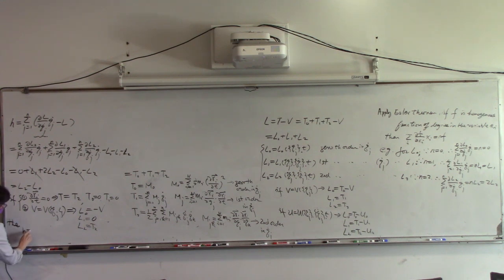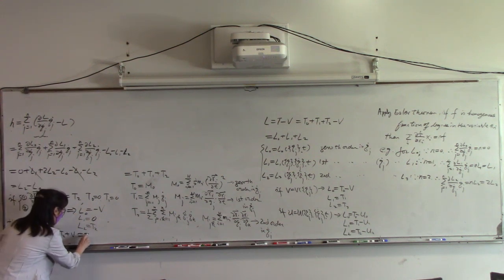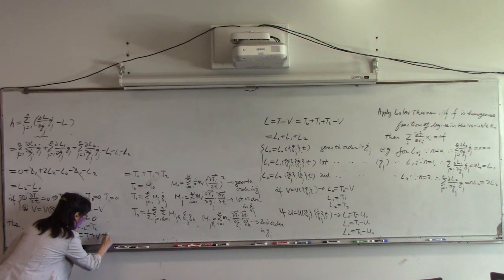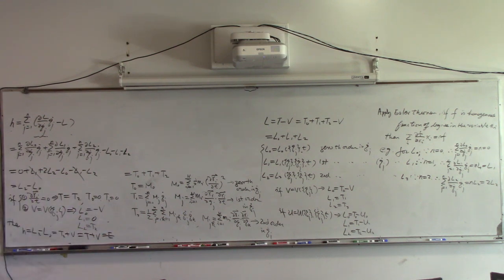Let's see H. H is L2 minus L0. L2 is T2, and minus L0 is plus V. T2 is T, so this is E. That makes sense.